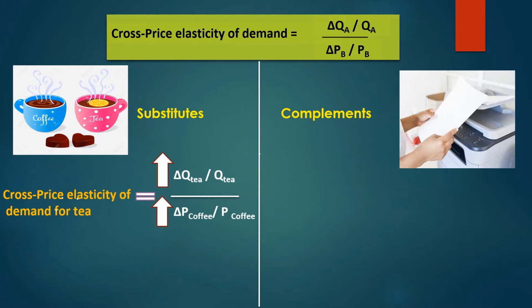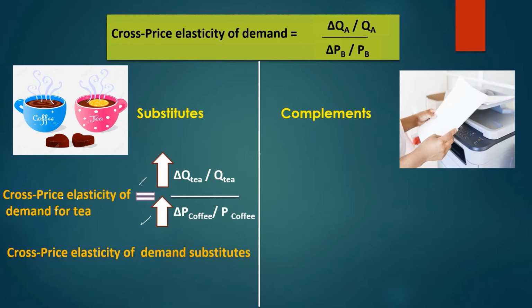Because of the increase in the price of coffee, people will buy less coffee. They will increase their demand for tea. So you can see that the changes in quantity demanded and the changes in price are moving in the same direction. They both are increasing. The numerator is increasing and the denominator is also increasing.